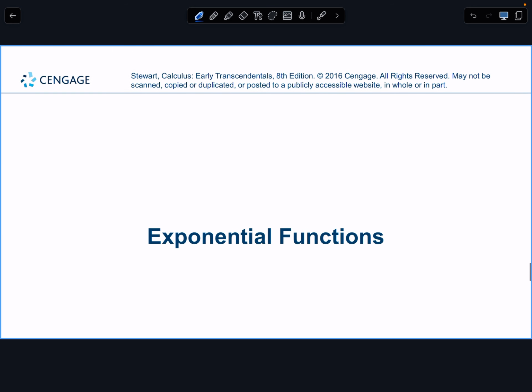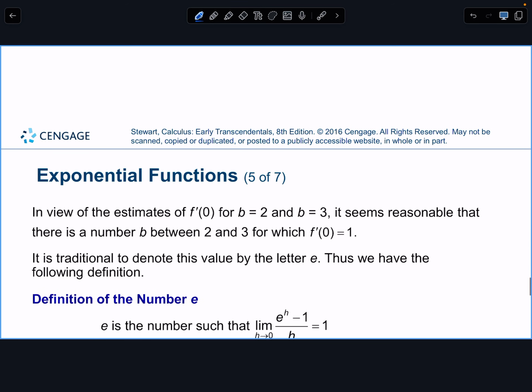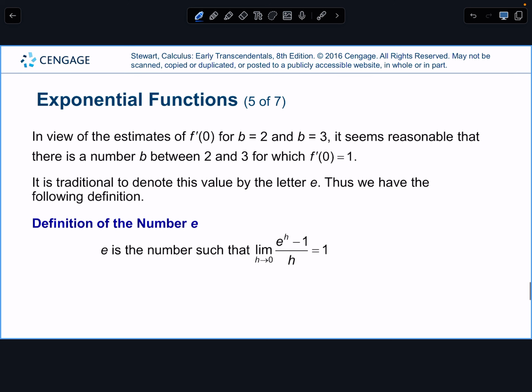Now, the last thing in this little section that I want to mention is exponential functions. We're going to get to those derivatives later, in a few weeks, where we'll look at those in general. But there is a very special function which has a base e. And e is an extremely important number in really all of mathematics.